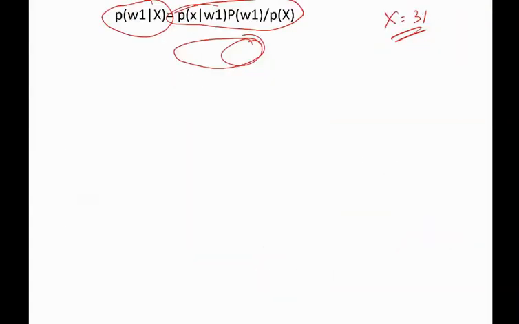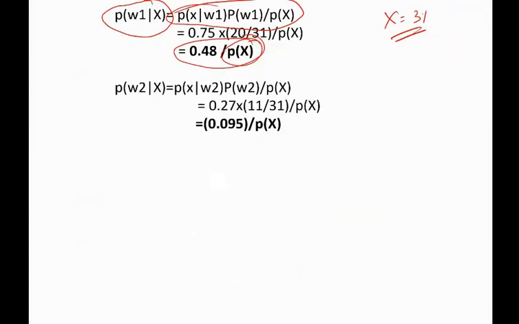Use Bayes for class 2 and you will get 0.095 by p of x.